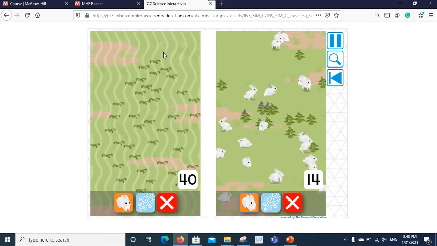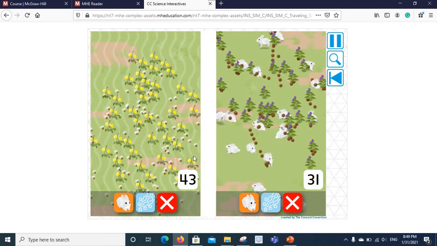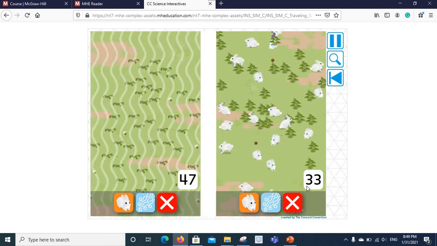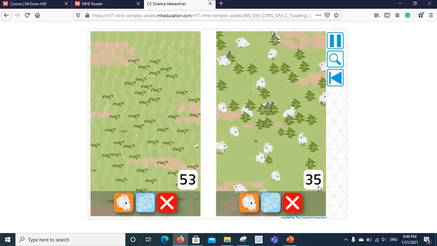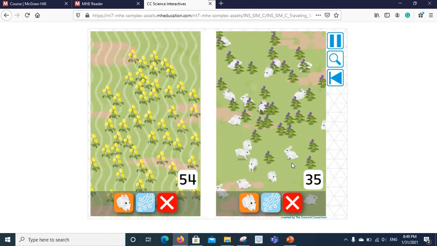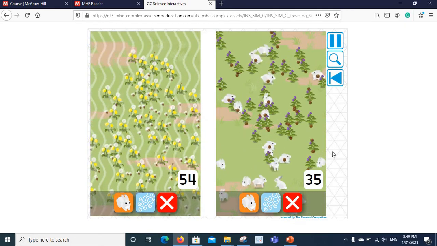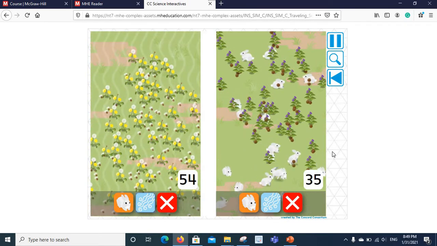Incredible! Now we have 43 seedlings of this plant and 33 seedlings, and now 35 seedlings of this plant. 54, and they will increase more and more.